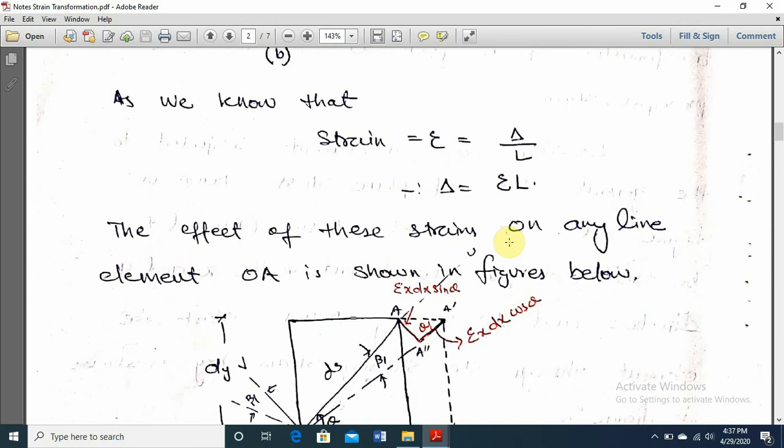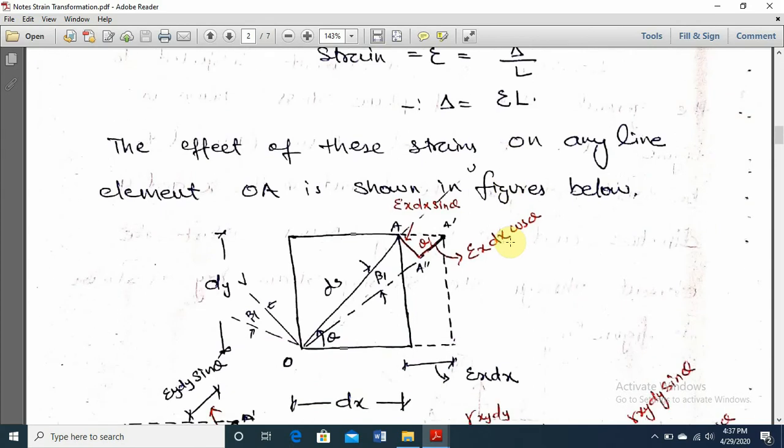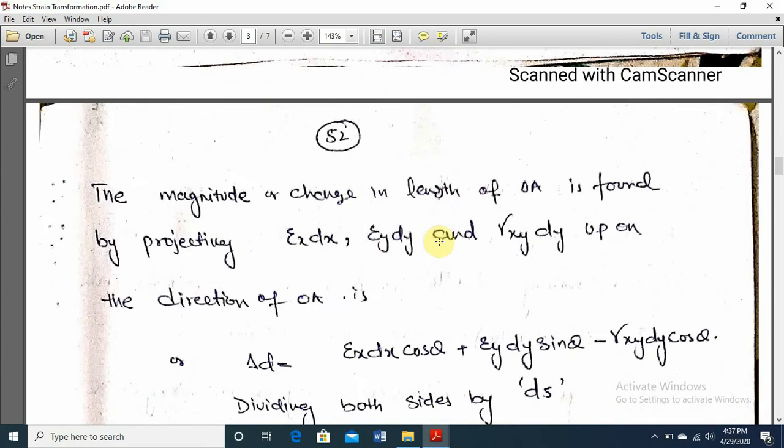Now we need to determine what is the change in length that occurs in the direction of OA, and what is the angular change that occurs perpendicular to the OA. For example, the magnitude or change in length of OA is found by projecting ex dx, ey dy and gamma xy dy upon the direction of OA.